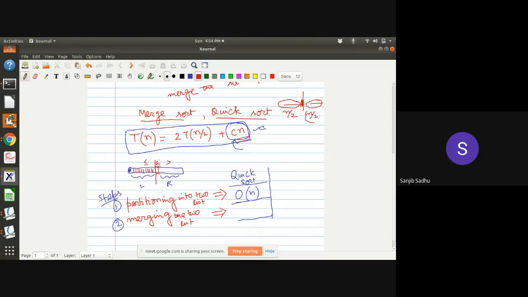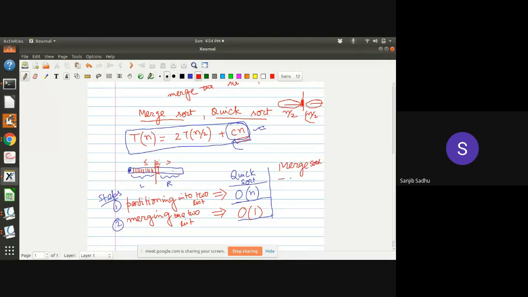So you need not do anything, because all the left elements are less than A and all the right side elements are greater than A. Automatically you need not compare any element of the left side with the right side to do the merging. You just concatenate the two lists. So it takes constant time. Clear? Now come to merge sort.